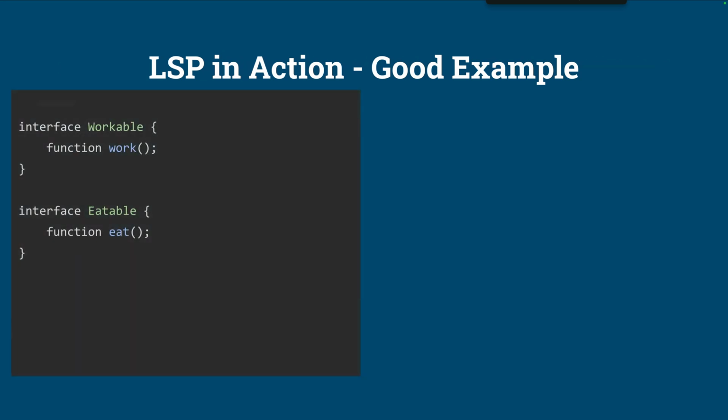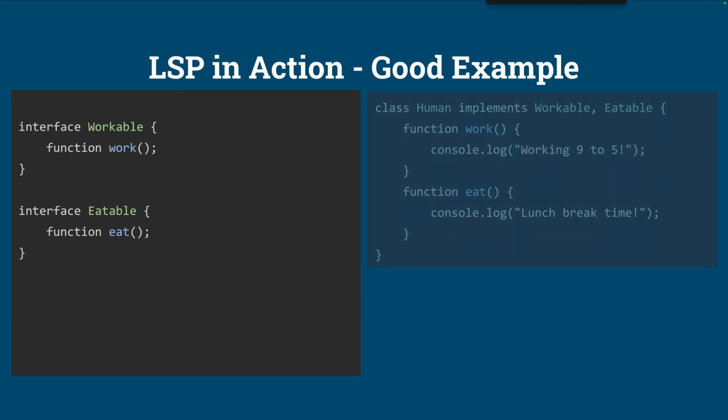Now let's fix the previous mess by following the interface segregation principle properly. We start by splitting the big Worker interface into 2 smaller ones, Workable and Eatable. That way we can be more precise, and classes only implement the functionality they actually need. Now take a look at the Human class. It implements both interfaces because a human can work and eat, so no problem there.